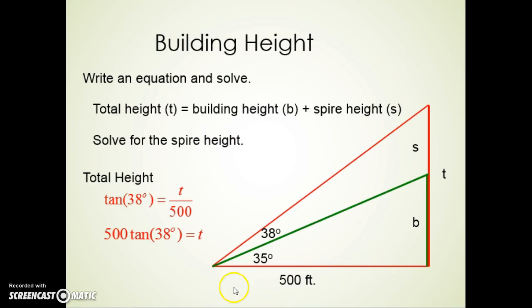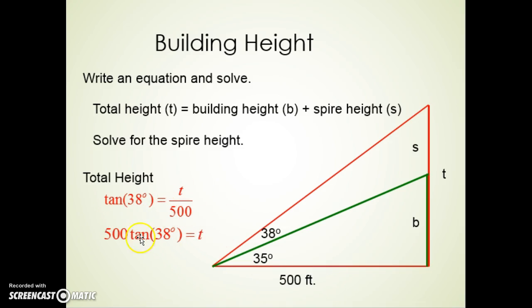So let's start with what we know. We know we have adjacent according to these angles, and we know we have opposite. So we're definitely using tangent. So the tangent of 38 degrees, this whole angle right here, must be opposite T over adjacent 500.